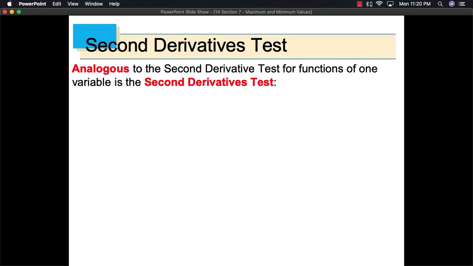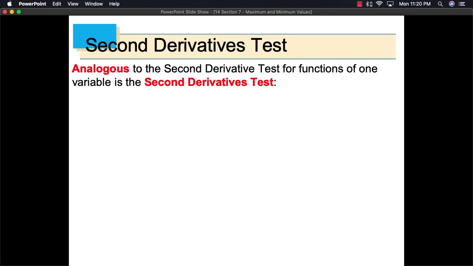Now, also in Calc 1, not only did you have a first derivative test, you also had what was known as the second derivative test. Now, in Calculus 3, we really can't use the first derivative test. The first derivative test does not give enough information to let us know if we have a max or a min. In Calculus 3, we almost have to apply the idea of a second derivative test.